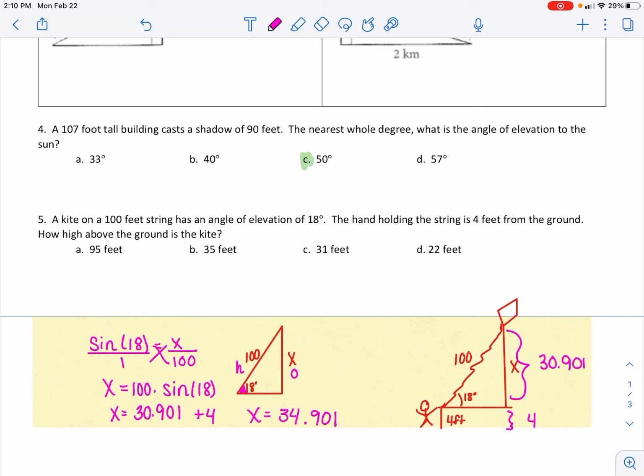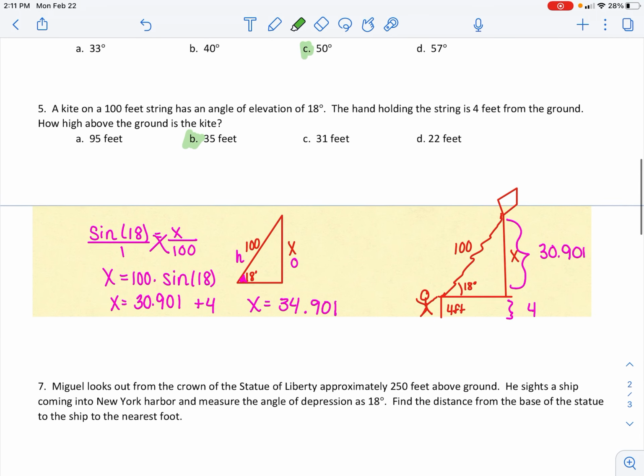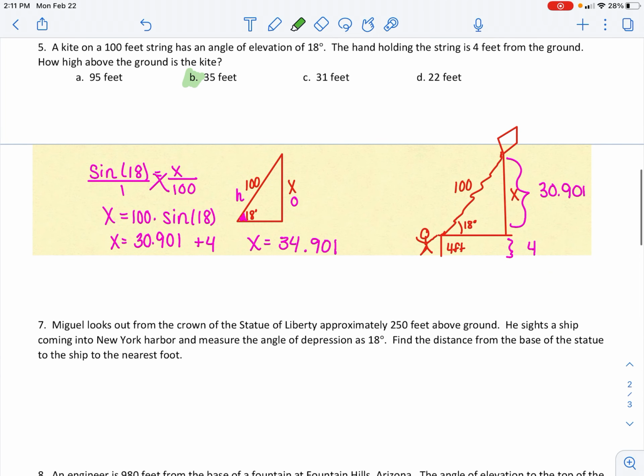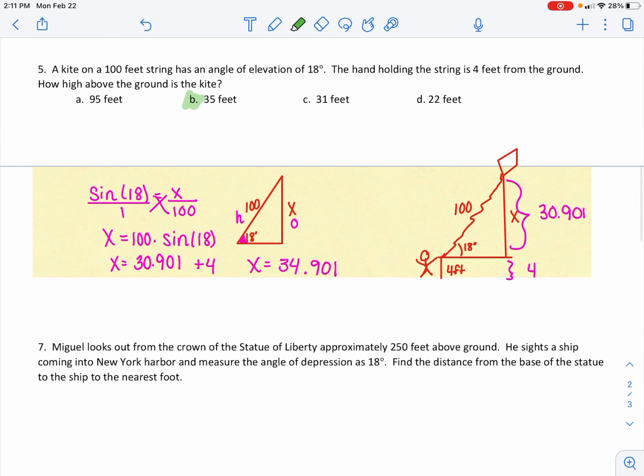And that's going to be closest to 35 feet. So that's going to be answer B. Okay. Let's go ahead and move on to number 6.